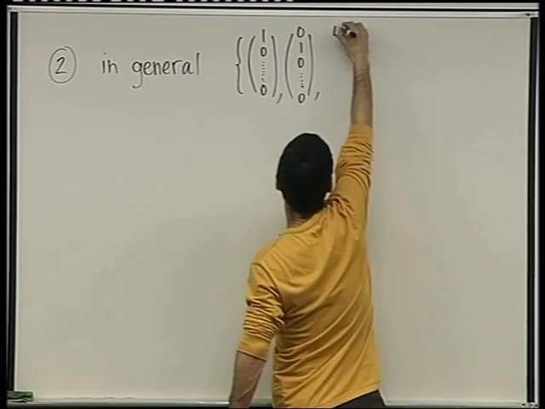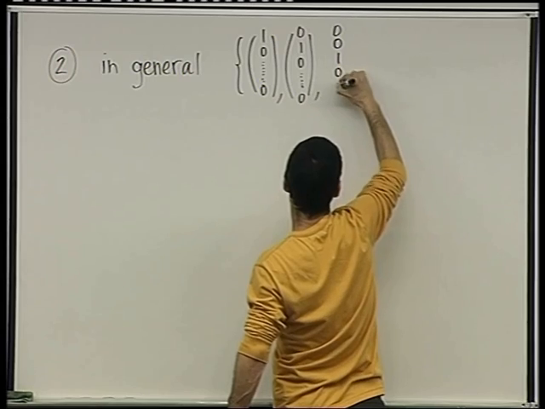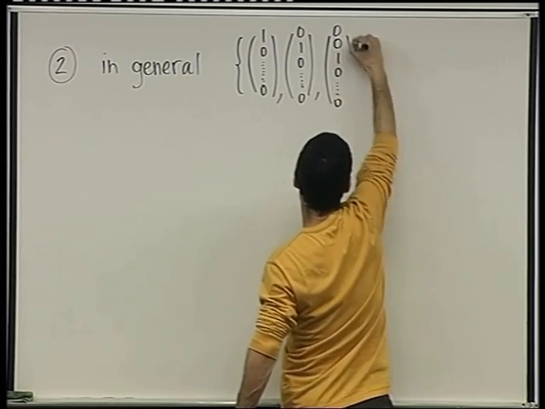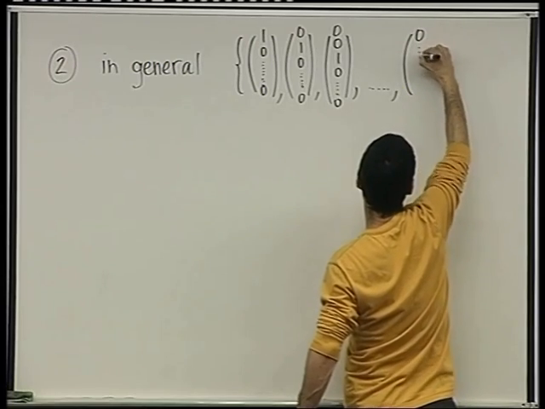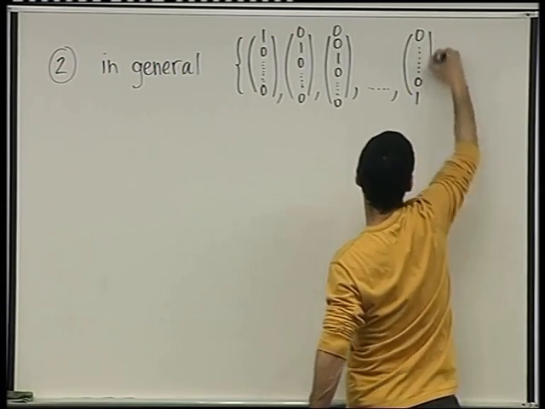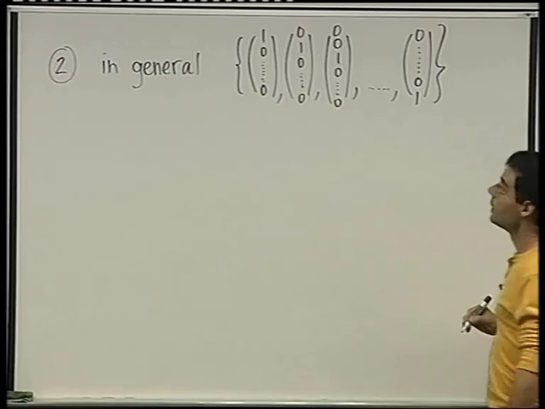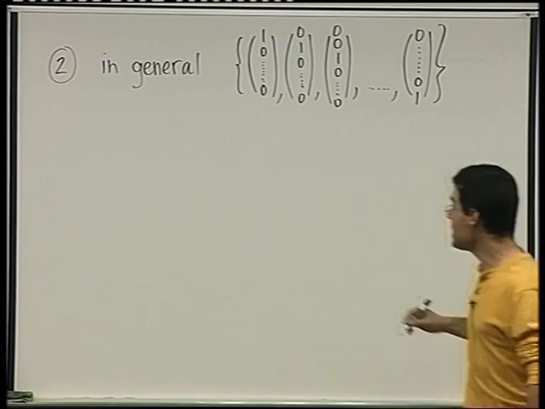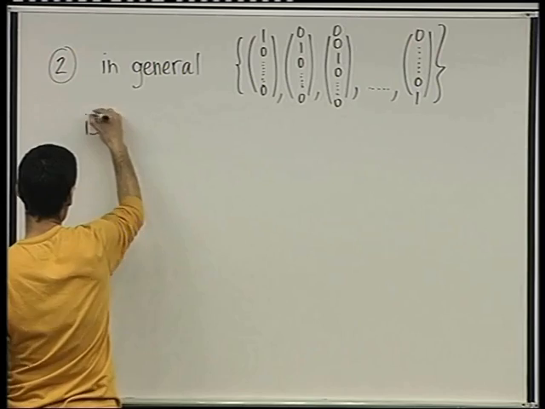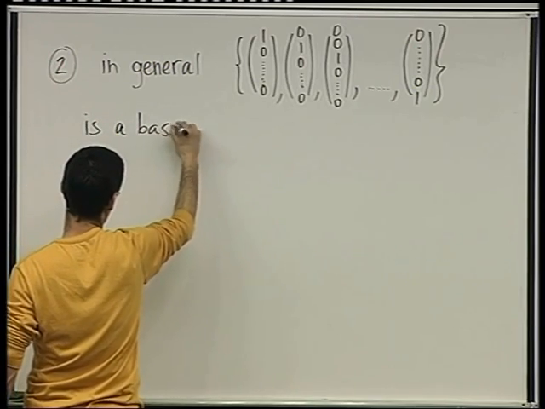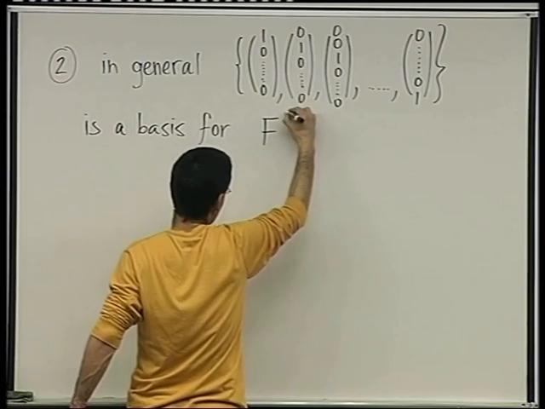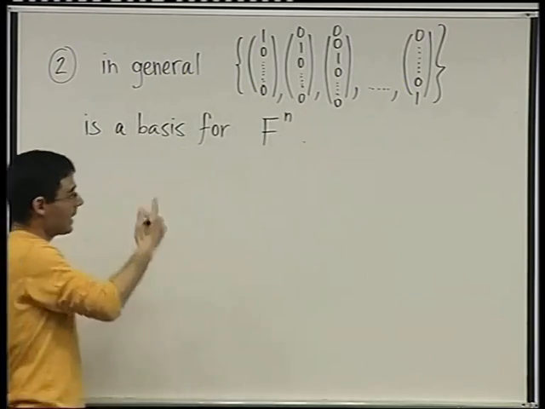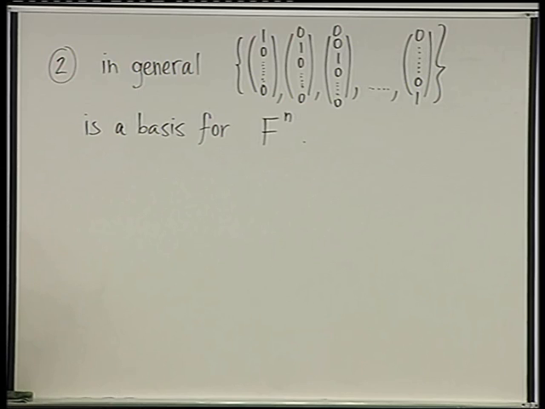And then 0, 0, 1, 0, dot, dot, dot, 0. And so forth, all the way up to 0 and 1 in the last coordinate. This set is a basis for not even Rn, take any field and take n-tuples over that field.